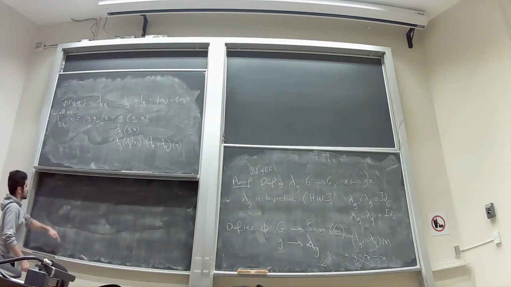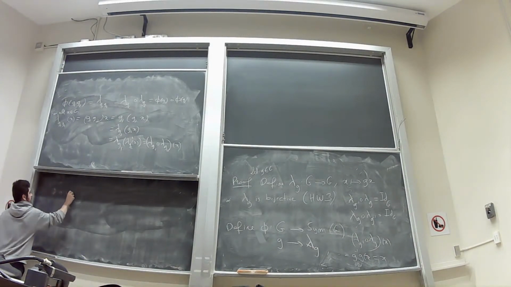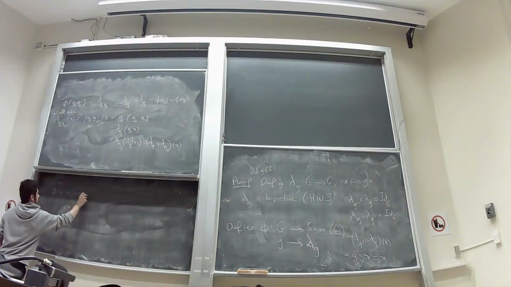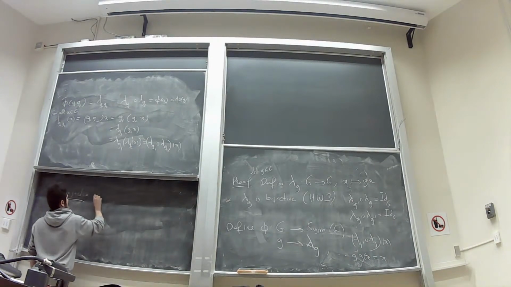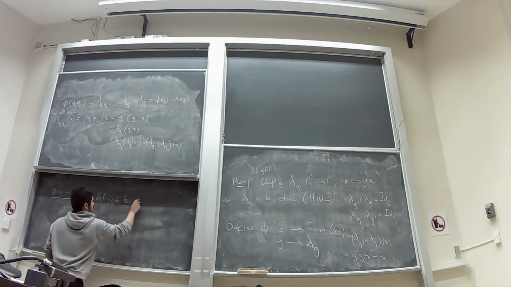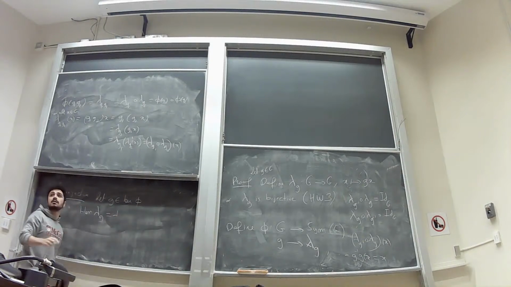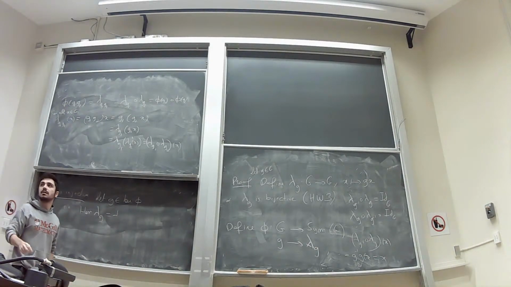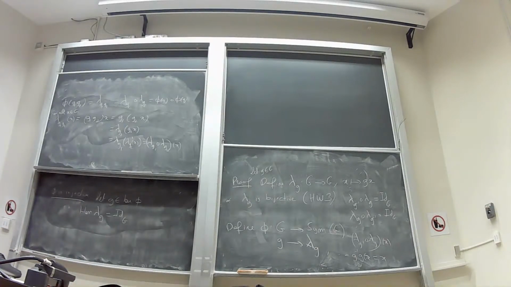Great. Okay, now let's show phi is injective. We'll show that the kernel of phi is 1. Let g belong to the kernel of phi. Then lambda g is the identity on G. Well, what does it mean?